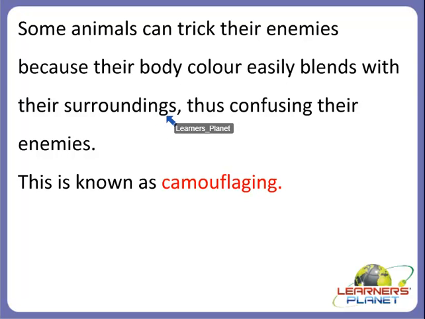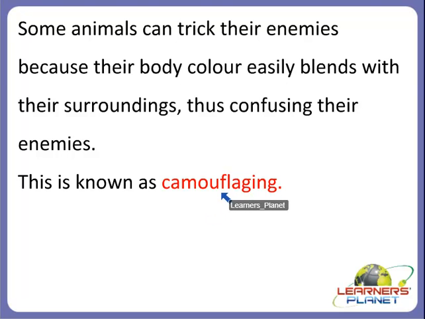If the surroundings in which they are living are green in color, then that animal will easily blend with the green color of the surroundings, and they will confuse their enemies. And such a property of animals of tricking their enemies by blending the body color with the surroundings is known as camouflaging.